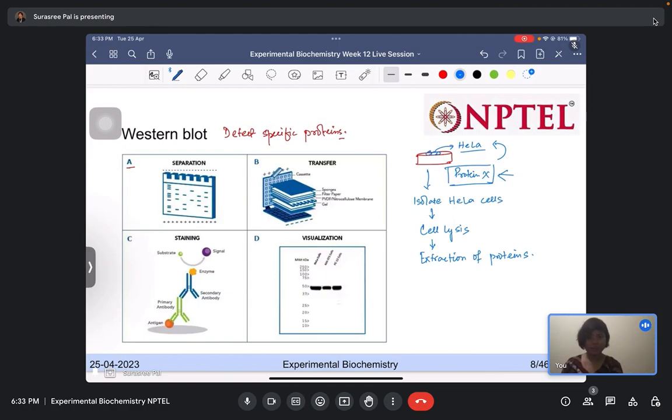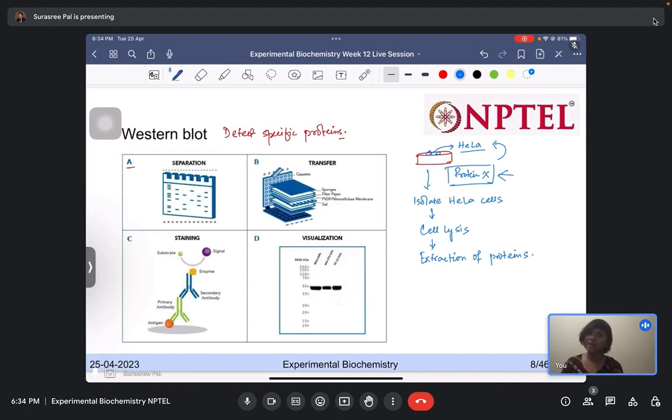So the first thing that we will do, we will separate this pool of proteins, right? How? By the help of their molecular weight, and of course by using SDS-PAGE, right? We have also discussed SDS-PAGE, and we know that SDS-PAGE is a denaturing PAGE, so we use SDS, and the proteins are all negatively charged because of the use of SDS.